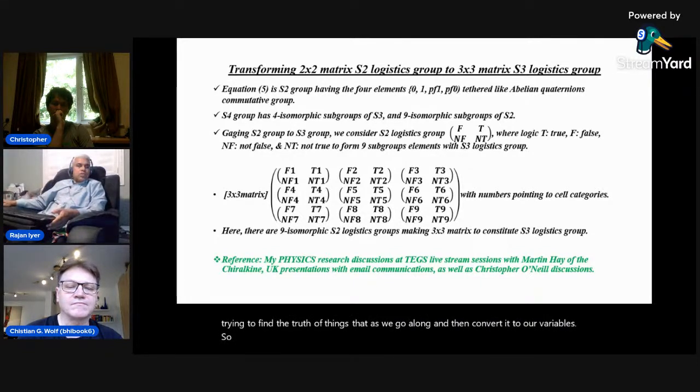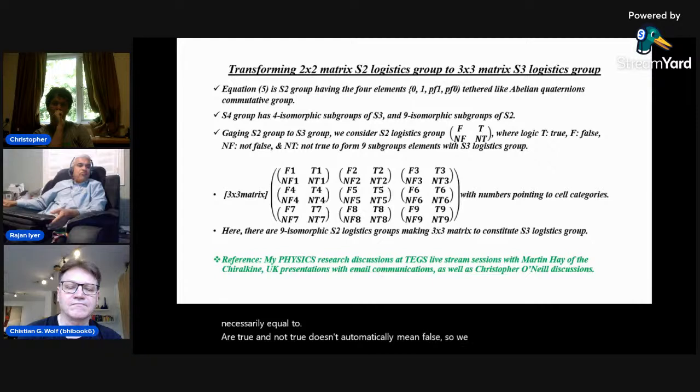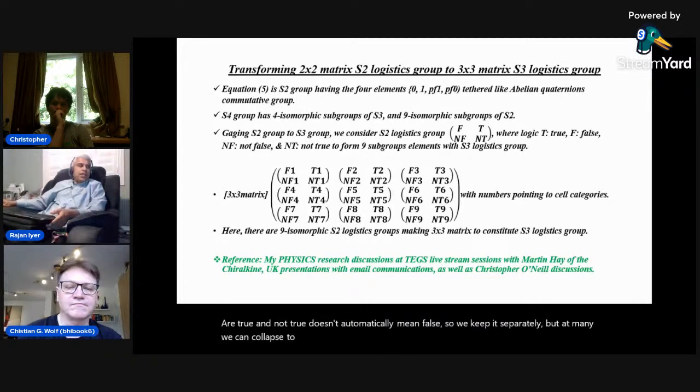This extended truth table talks about false and true, but also not false, which is not necessarily equal to true, and not true doesn't automatically mean false. So we keep them separate, but in many places we can collapse to binary anytime by equating. When you have an abelian or symmetric thing, you might eventually collapse to true and false.